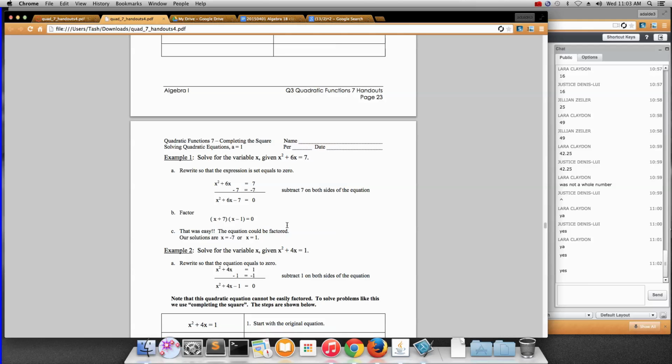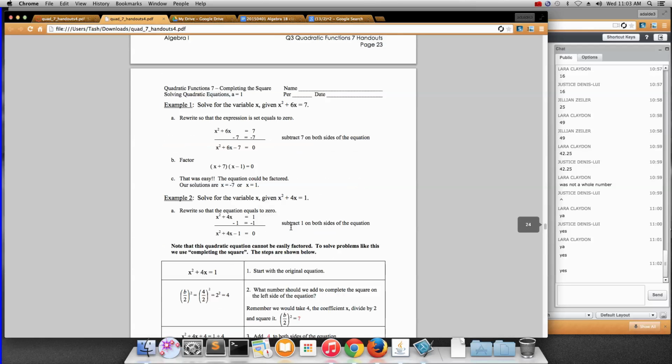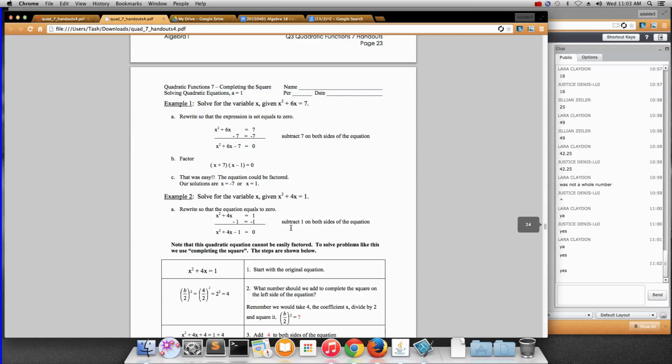Do you see that? I'll show you what I mean. All right? Let's see. Okay, let's try this one. Let's try this problem on this exercise.